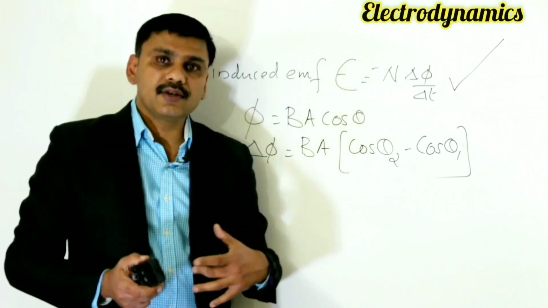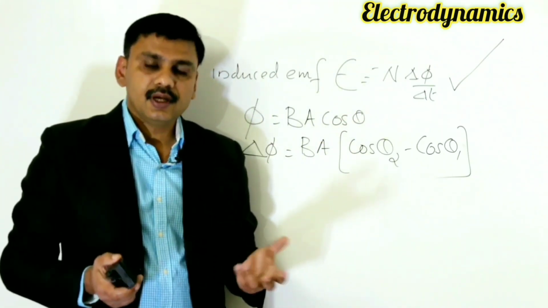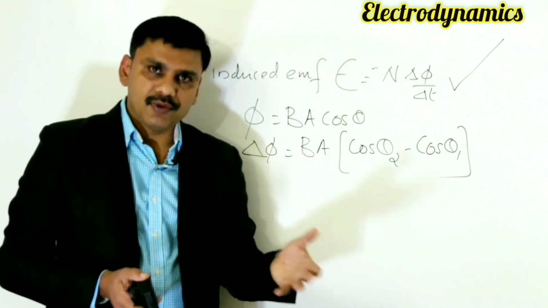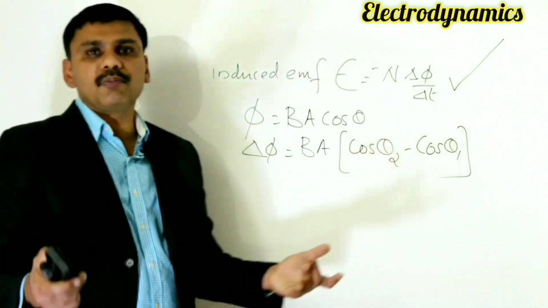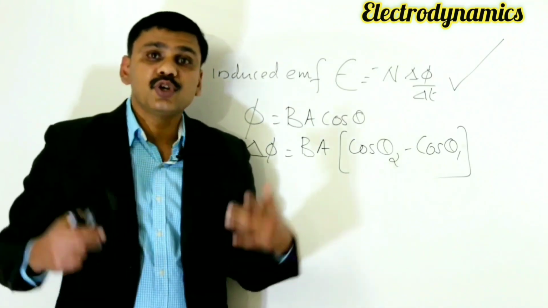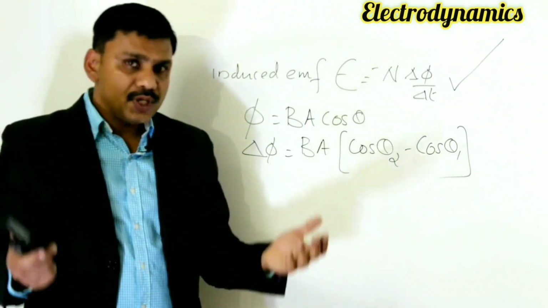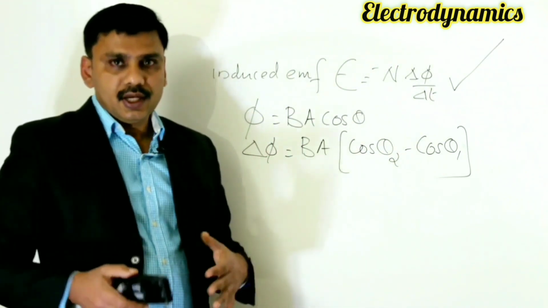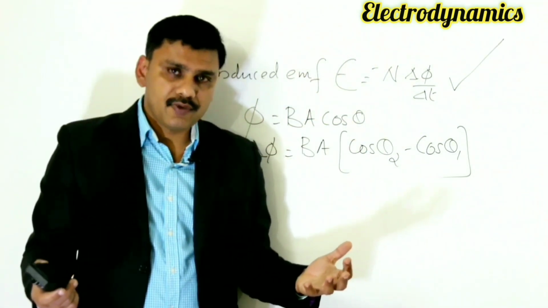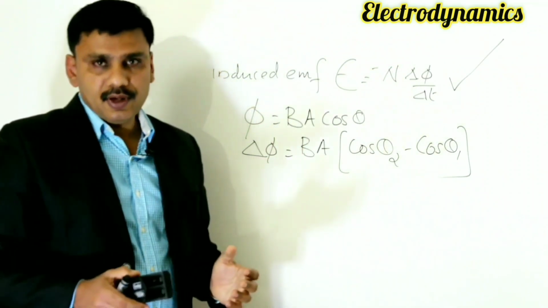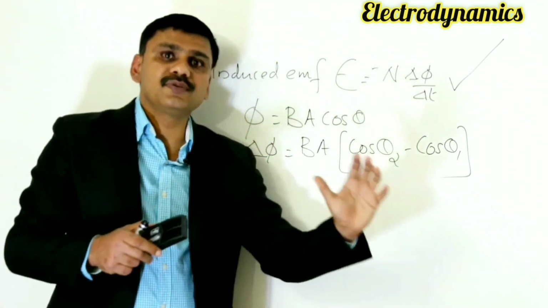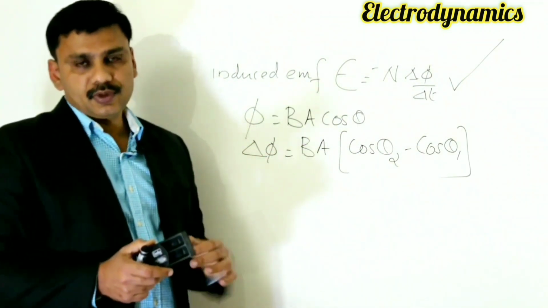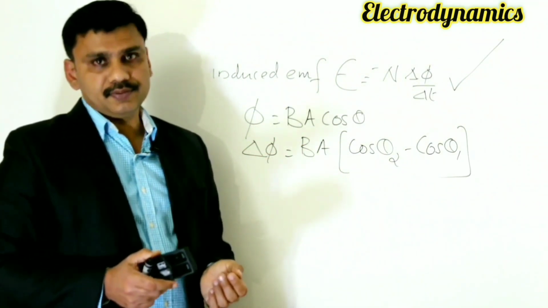Whenever there is a magnetic flux change, it will produce induced EMF, or induced EMF is directly proportional to the rate of change of magnetic flux. If there is more rate of change of magnetic flux, more will be the induced EMF. If there is less rate of change, there will be less induced EMF. So that is Faraday's law of electromagnetic induction.